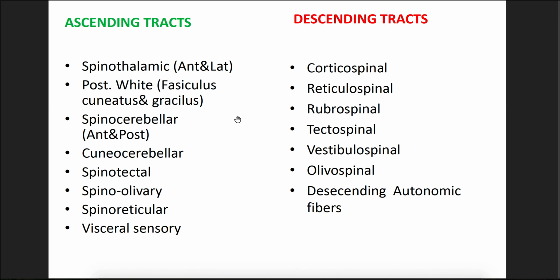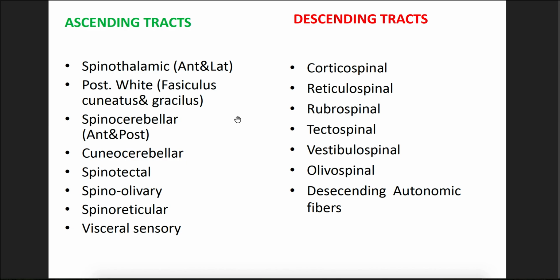Now, we talked about ascending tracts, that they bring in sensory information, and then from the spinal cord, they will ascend to different levels. You have importantly the lateral spinothalamic tract, the anterior spinothalamic tract.